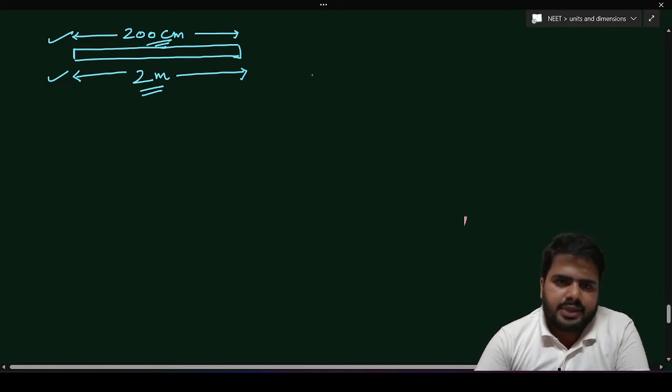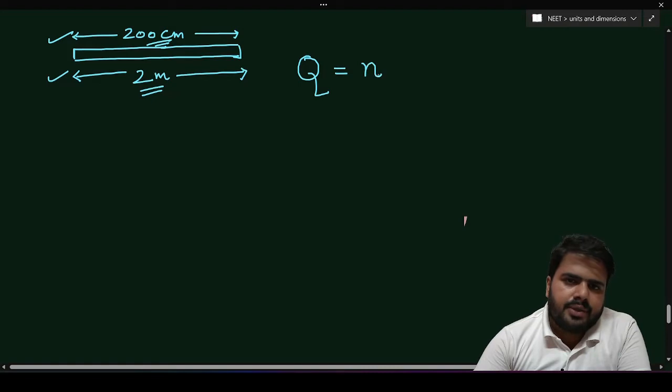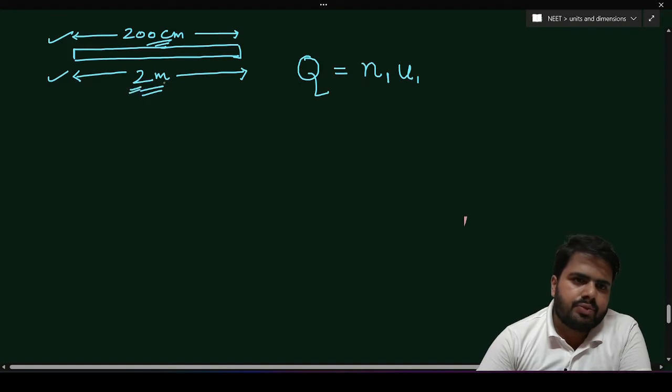That means here the length is a physical quantity Q. It can be expressed with a numeric value and a unit. As I have written 2 meter, 2 is the numeric value and meter is the unit.